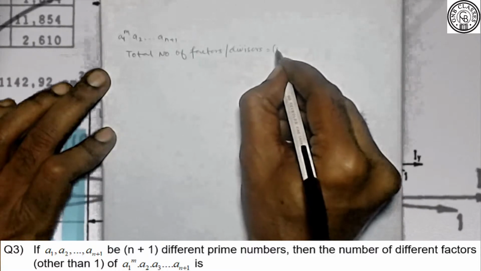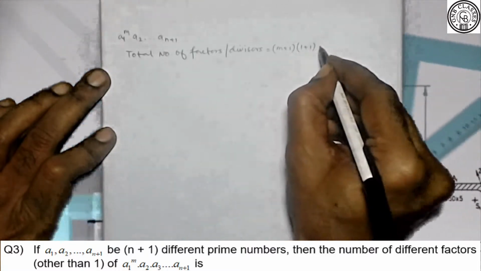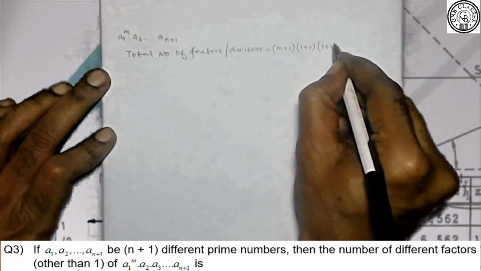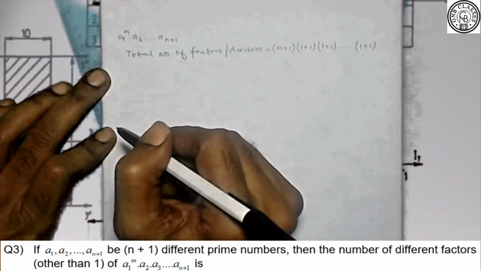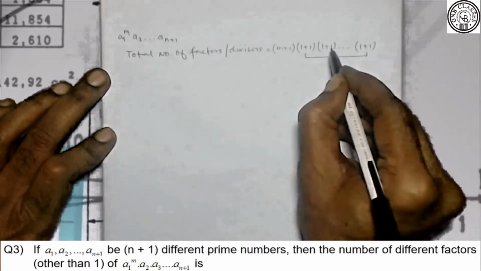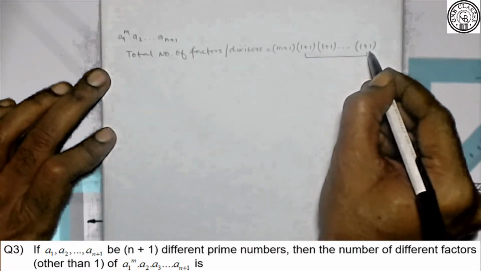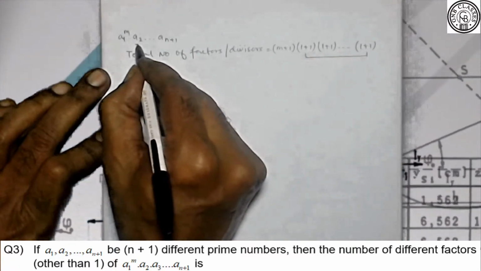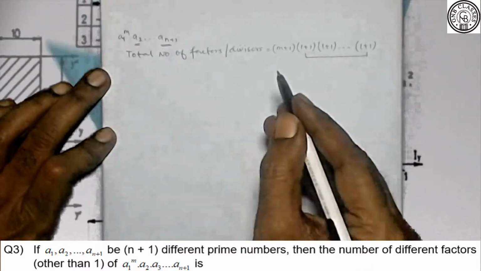will be equal to m plus 1, 1 plus 1, 1 plus 1 till 1 plus 1 for the last prime. Now 1 plus 1 is 2 and this 2 is repeated n times, because from a2 to an plus 1 there are n primes.